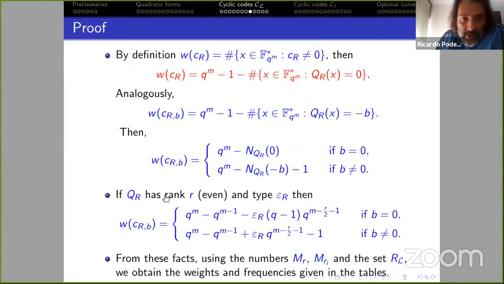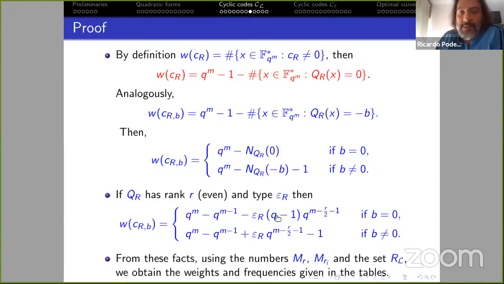Now, if Q_R has even rank R and type ε_R, then, because we know the distribution of these numbers, we have these and these using previous results.